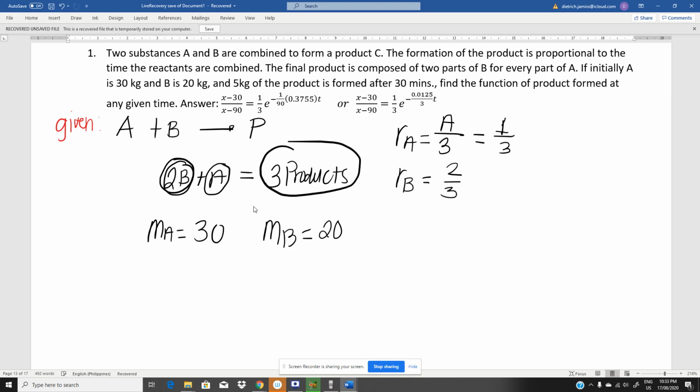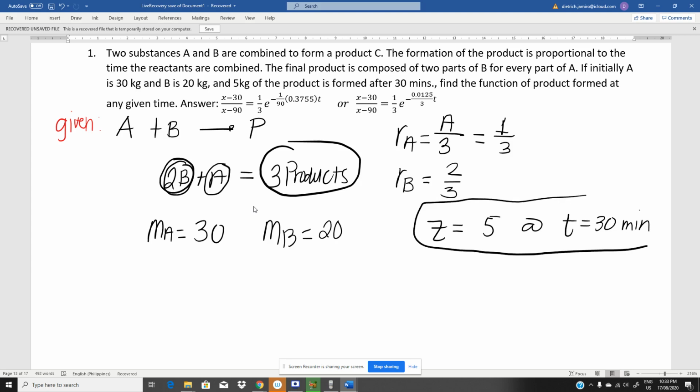We are also given that 5 kilograms of product is formed after 30 minutes, so we will have x equal to 5 at t equals 30 minutes. We will use this to solve for our k, our proportionality constant.